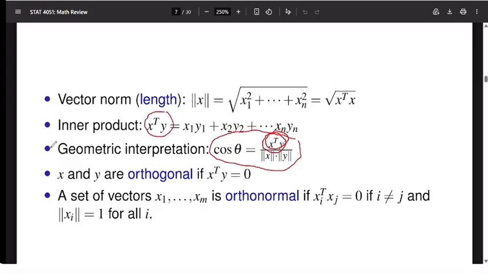If you look at the denominator, this is the vector norm for X and the vector norm for Y. Without understanding the vector norm or inner product, you may not be able to figure out the angle between two vectors.